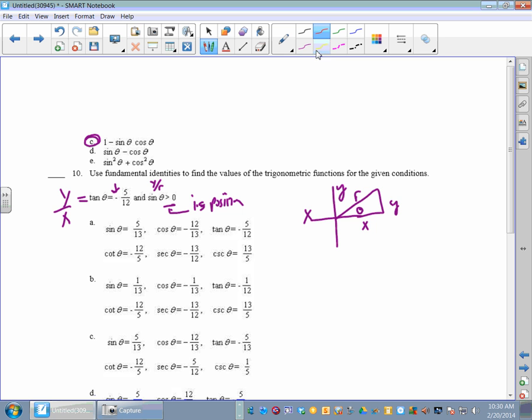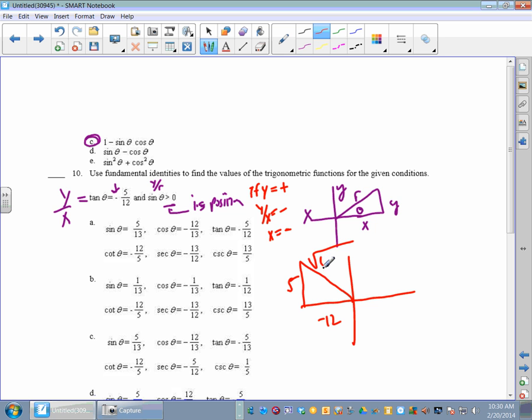So, all that information brings us to the fact, if Y is positive and Y divided by X is negative, what's X have to be? It has to be negative. So, which quadrant do I draw this out in? Yep, X is negative, Y is positive, and I label it 5, negative 12.